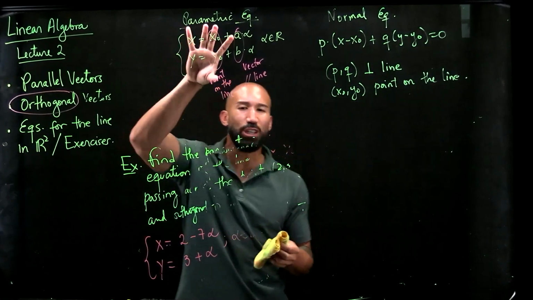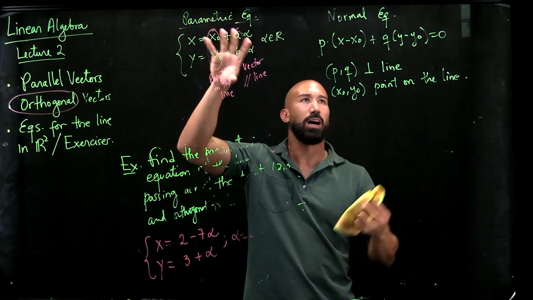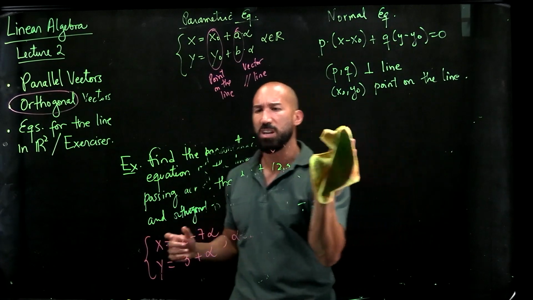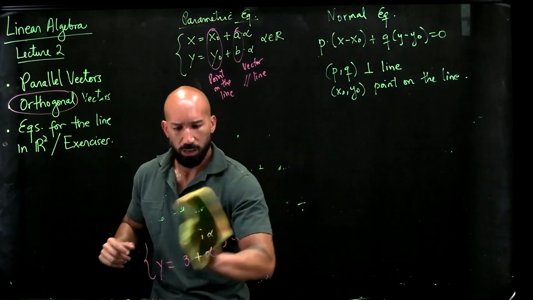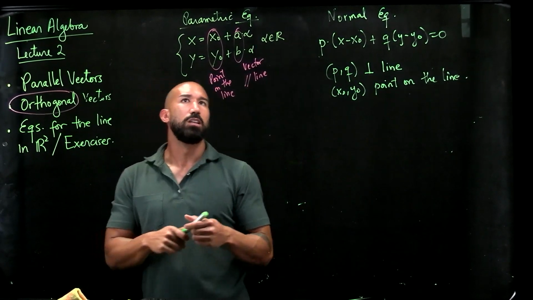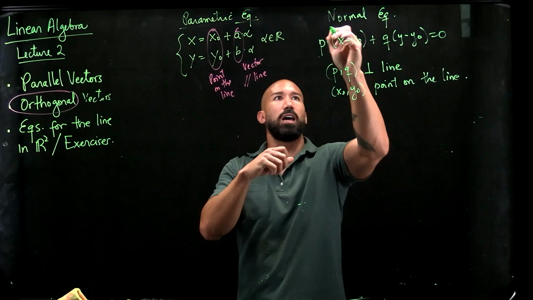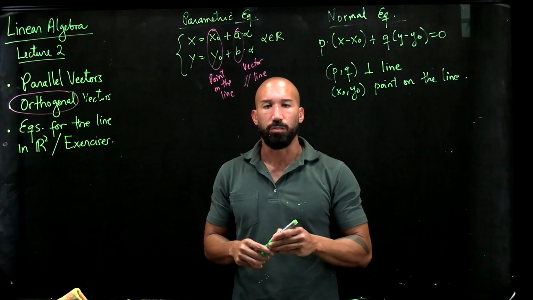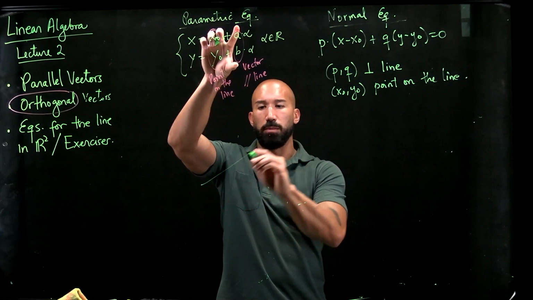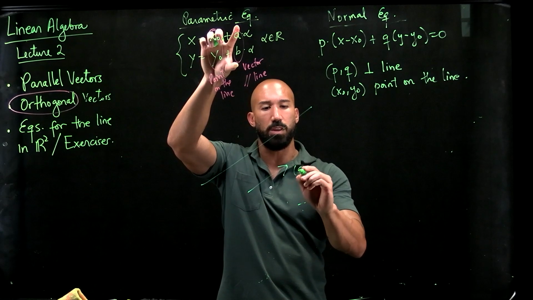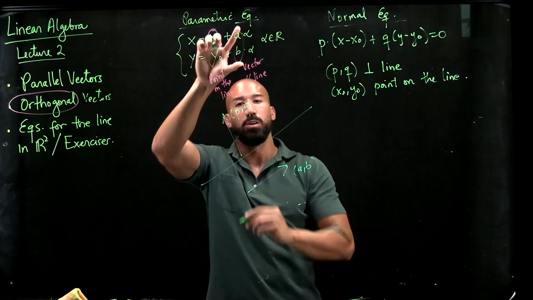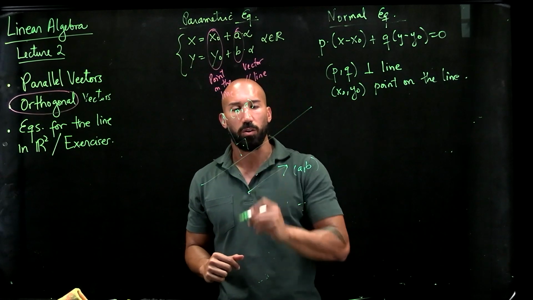So let's say that this is the parametric equation of one line and this is a normal equation for the same line. What can we say? Well, obviously, if we are describing now the same line, this vector AB is parallel and this vector PQ is perpendicular to the line, orthogonal to the line.